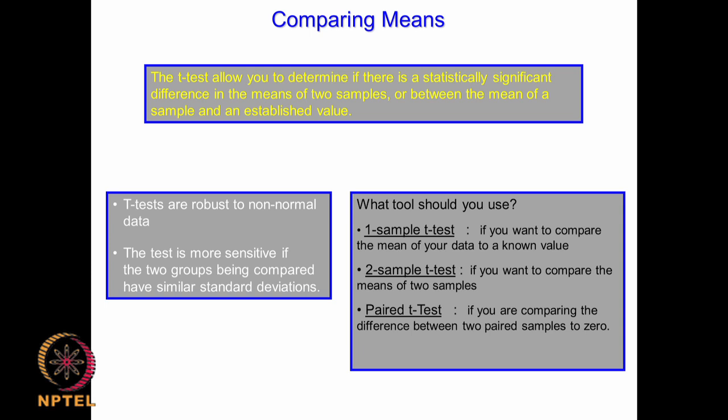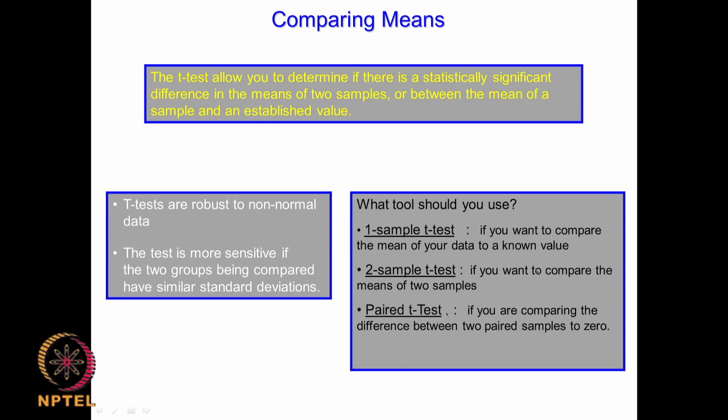The difference should be 0 if there is no difference between drug A and drug B. If there is a statistically significant difference away from 0, then I can say yes, drug A is different from drug B, because I have used the same volunteer cats, testing drug A and seeing some performance change, then testing drug B and seeing some performance change. If drug A and drug B are the same, then the difference in performance change we observe should be equal to 0. That is called the pair t-test. We are going to look at examples of each one of them, so do not worry about that.